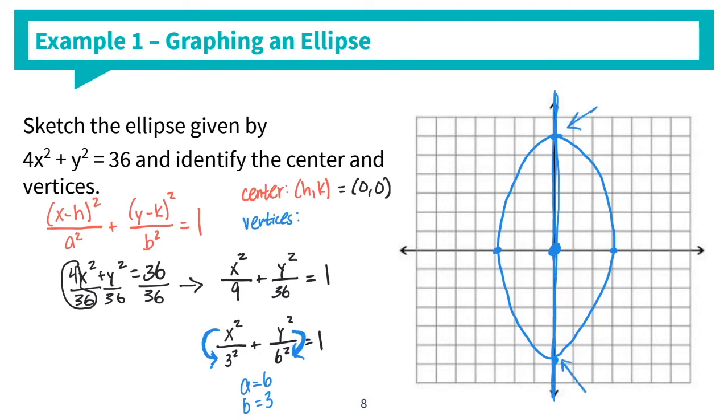So let's go ahead and write the coordinates for those 2 points. For the one that's above, we have (0, 6), and the one below, we have (0, -6).